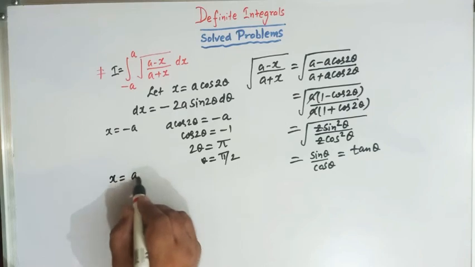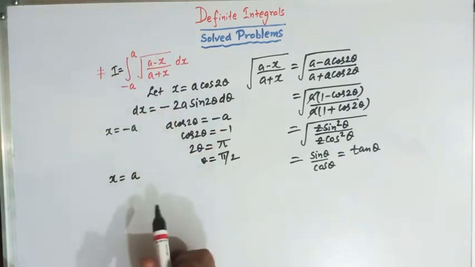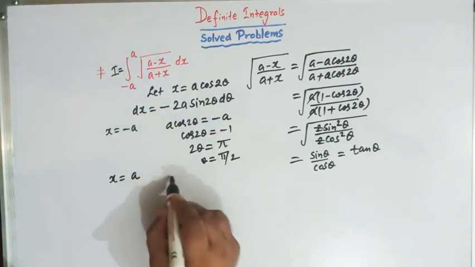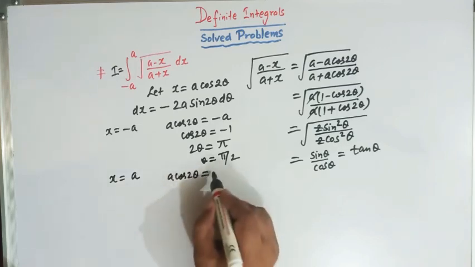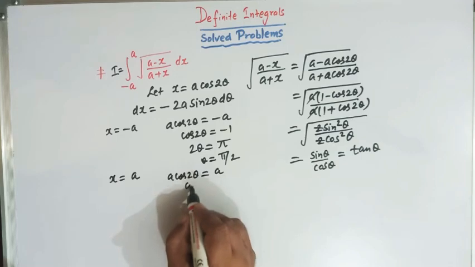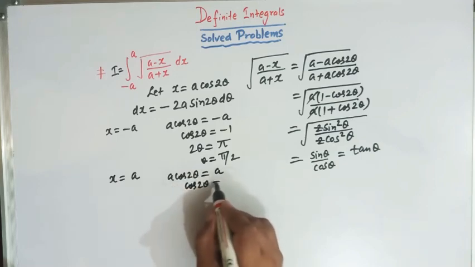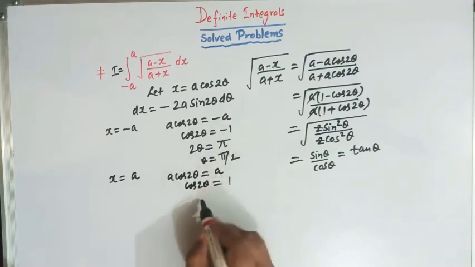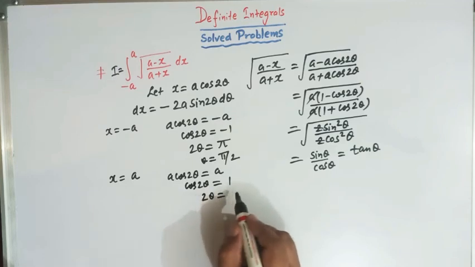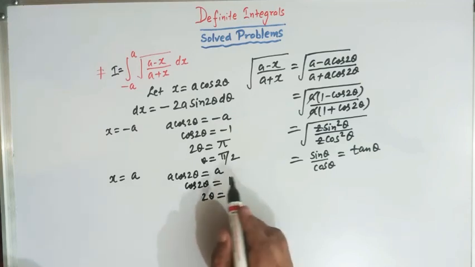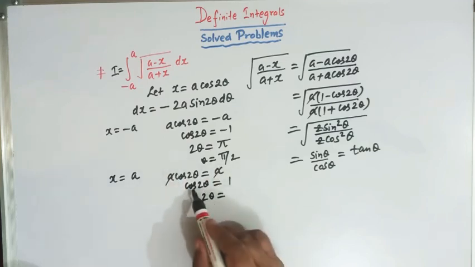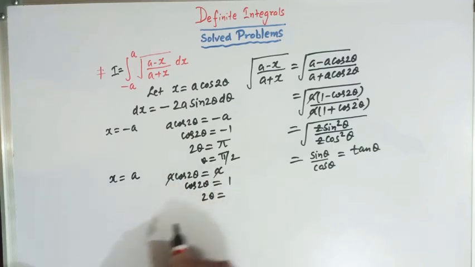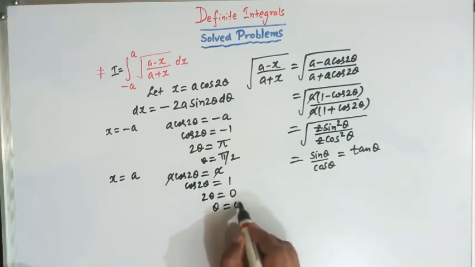Similarly when x is a, we have a cos 2θ equal to a, and a and a get cancelled, so cos 2θ is equal to 1, so 2θ is equal to 0, so θ is equal to 0.